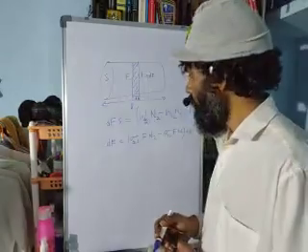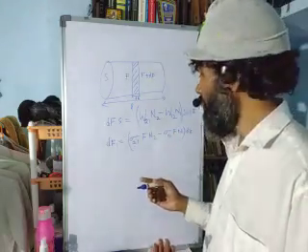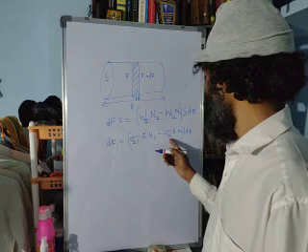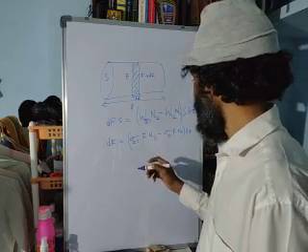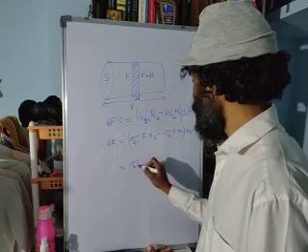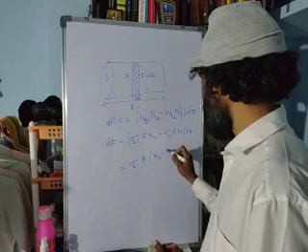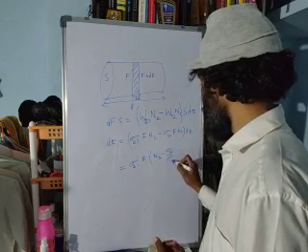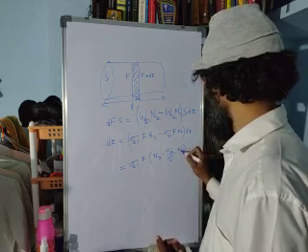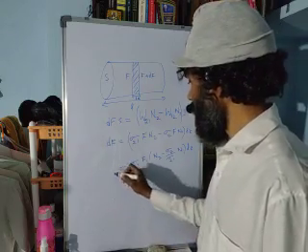And what I can do is take F as a common factor, because it's there in both the terms, and also sigma 21 as a common factor. So this is sigma 21 into F, and here it is N2 minus sigma 12 divided by sigma 21 into N1. Of course dz is there here as well, and this is what I get for dF.